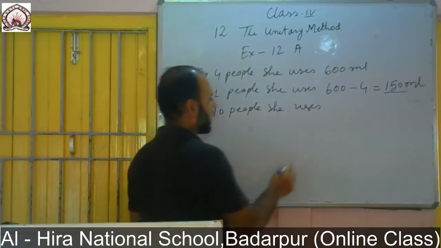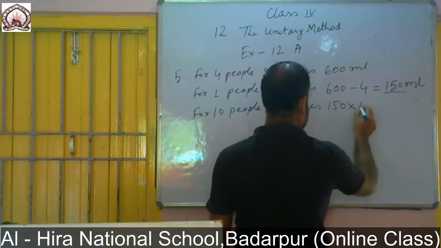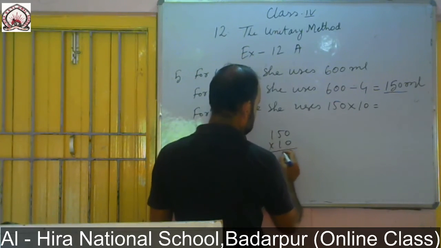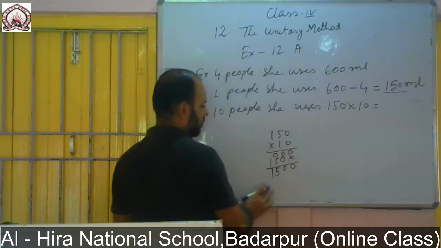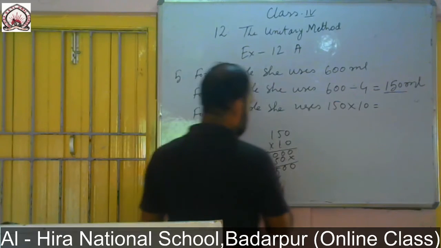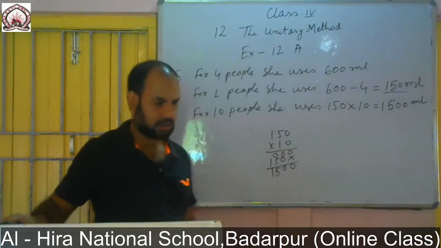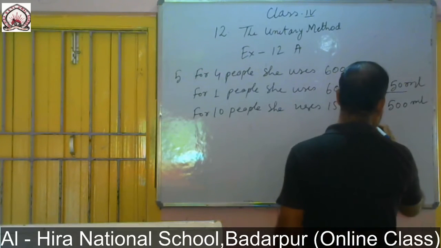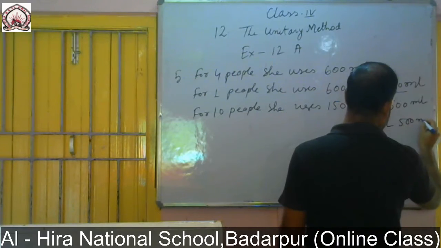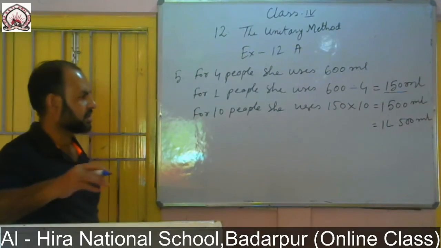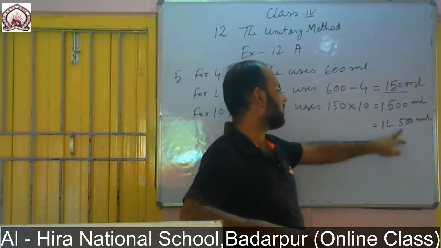So for 10 people 150 ml into 10, which is 1500 ml. 1500 ml equal to 1 liter 500 ml. She uses for 10 people 1 liter 500 ml.